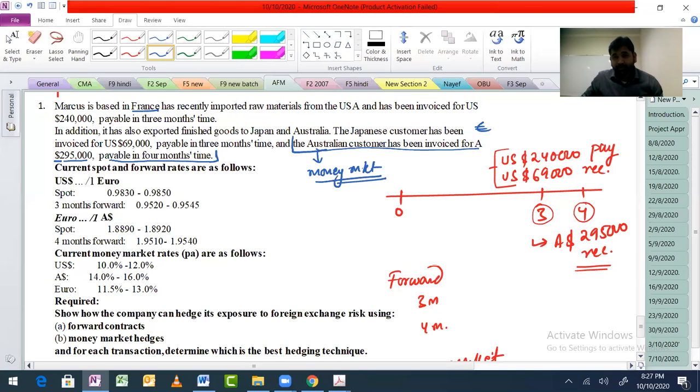So first of all, this is receivable, right? Because if you deposit, then you receive the money at the end of the period. If you deposit, then after some time you will get the money, right?